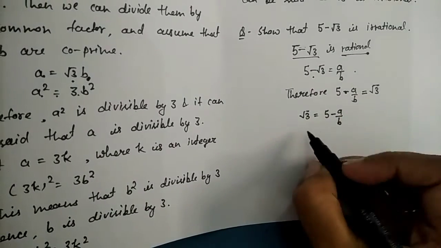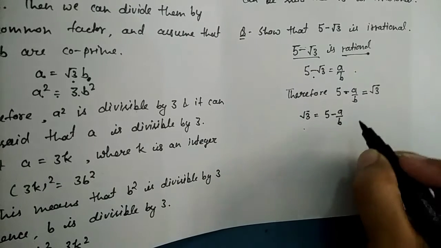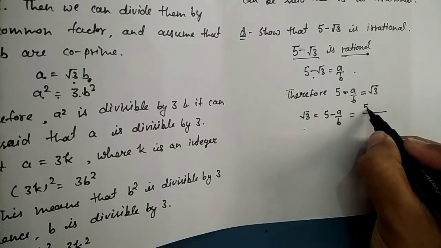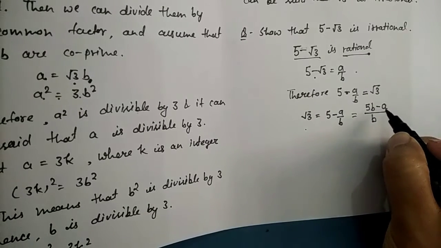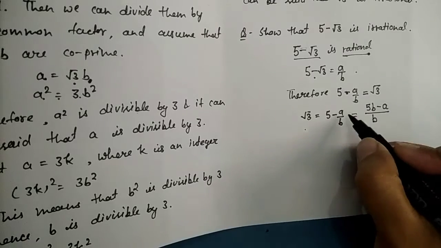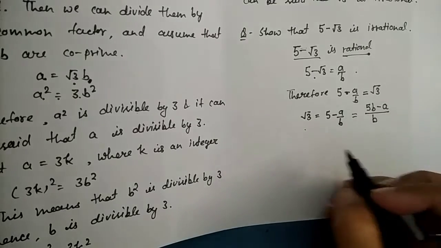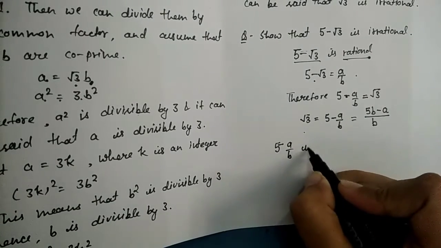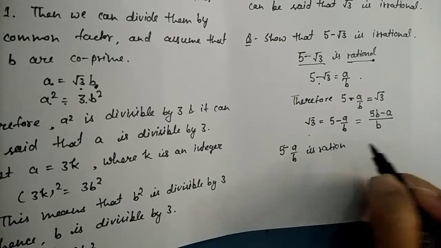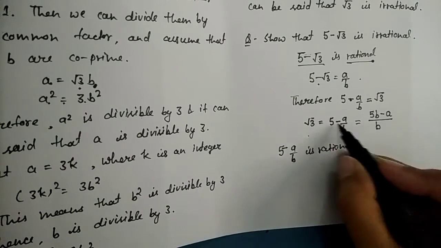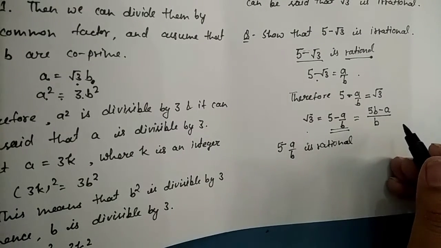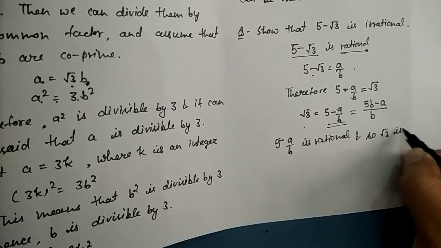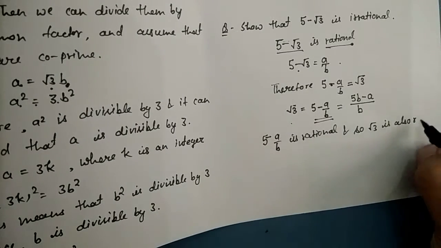Now rearrange this equation once again. What will we get? Root 3 is equal to 5 minus A upon B. Now if we take LCM as B, then it will be (5B minus A) upon B. Since A and B are integers, we get that 5 minus A upon B is rational, right? 5 minus A upon B is rational, and so root 3 is also rational.